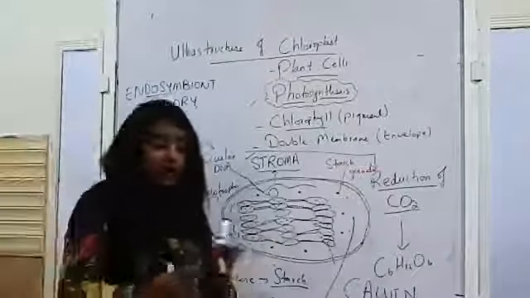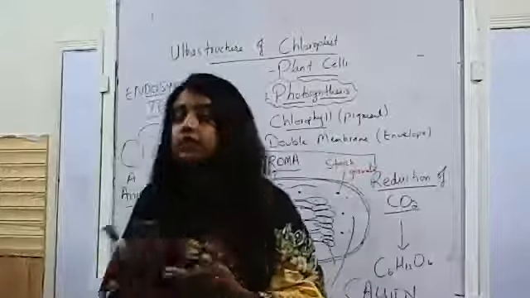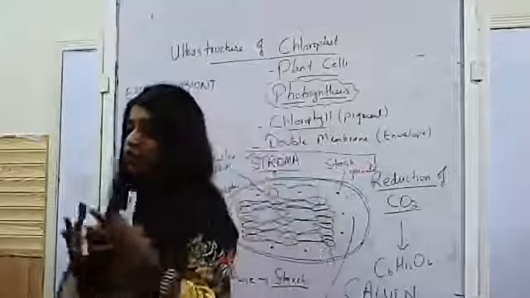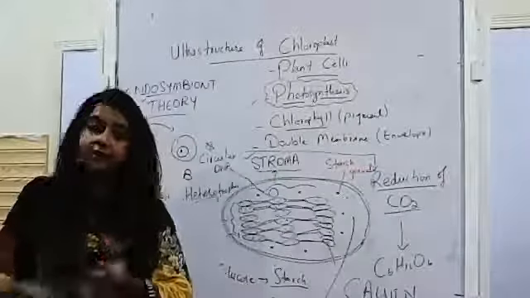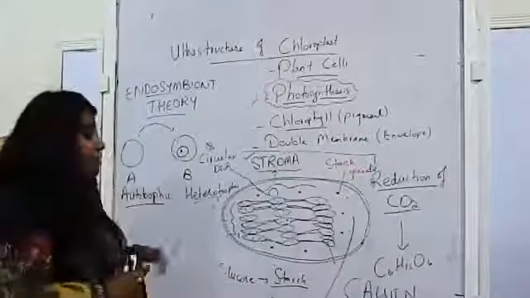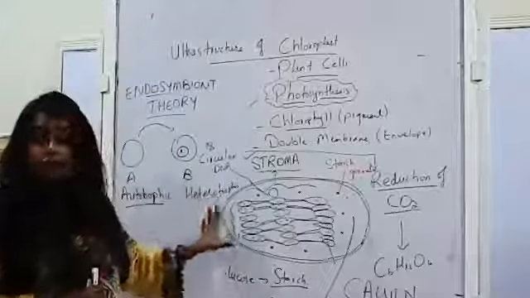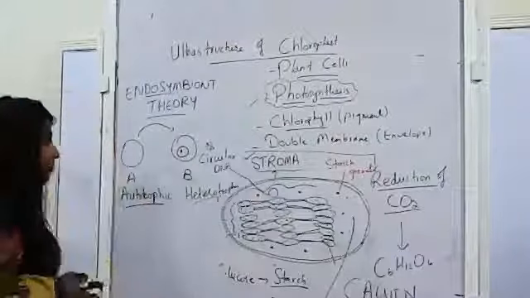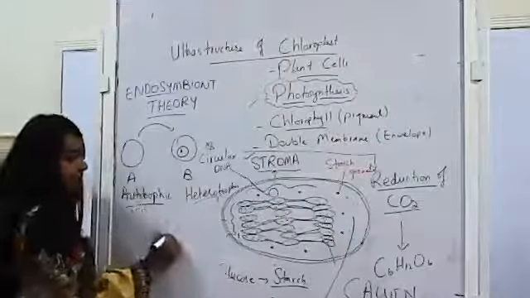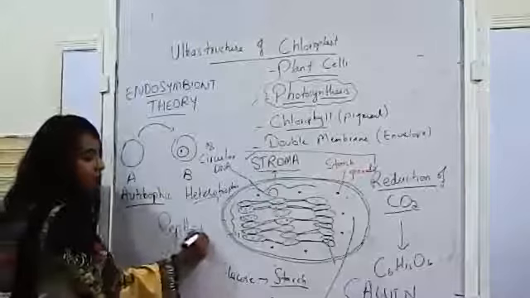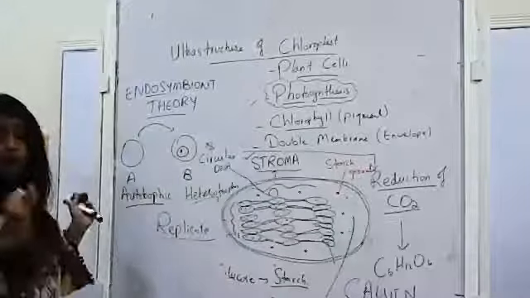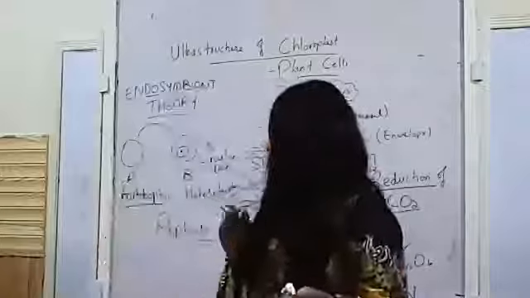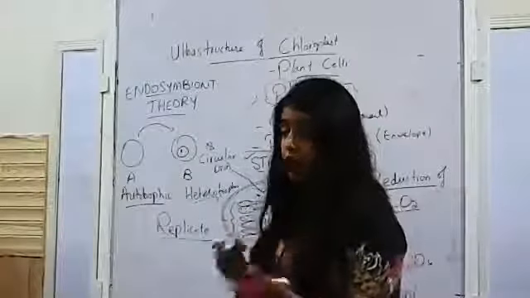Also, chloroplast is capable of replicating just like mitochondria. When you have a shortage of energy in your cells, mitochondria replicate. Just like that, when plants need to make more food, chloroplasts start replicating. So this capability to replicate, because replication is not a property of organelles, replication is a property of individual cells or individual organisms.